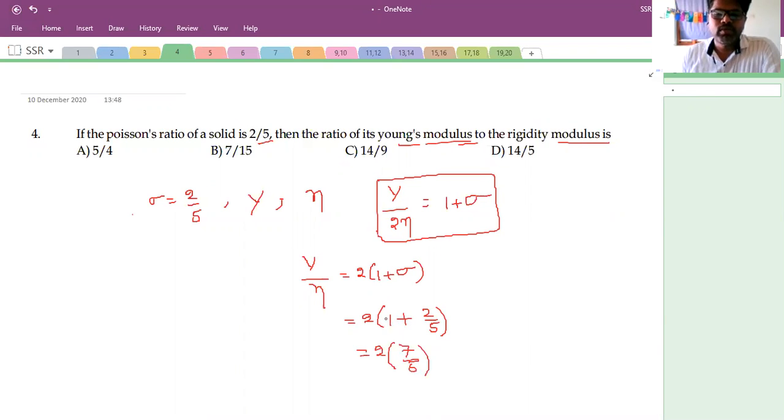LCM 5. 5 plus 2, that is 7 by 5. So 2 into 7, 14 by 5. So y by eta is equal to 14 by 5. Are you clear this? Option D, 14 by 5. It is a very simple question.